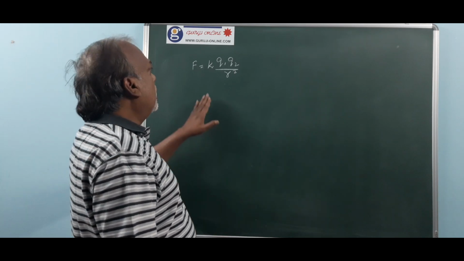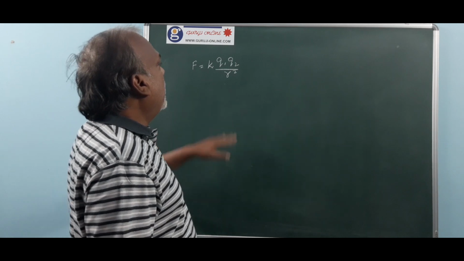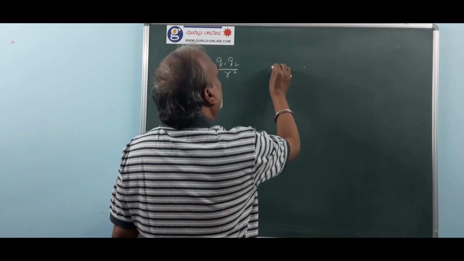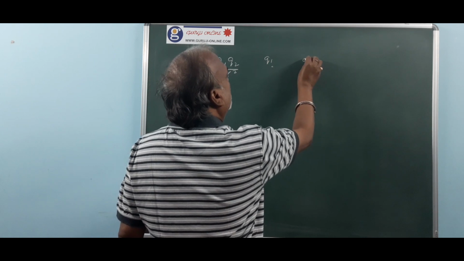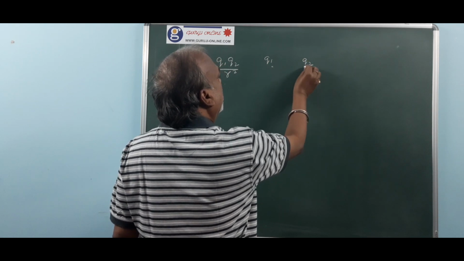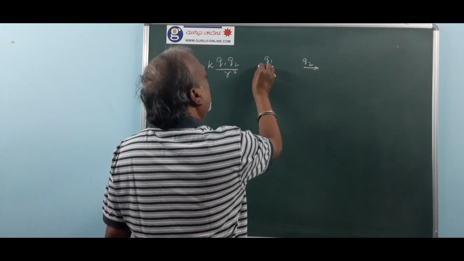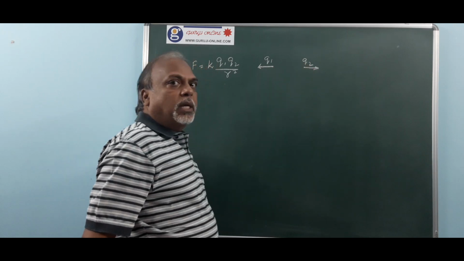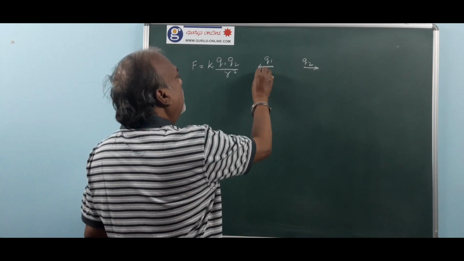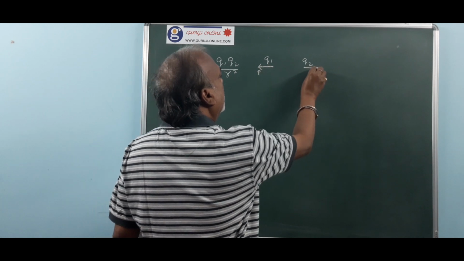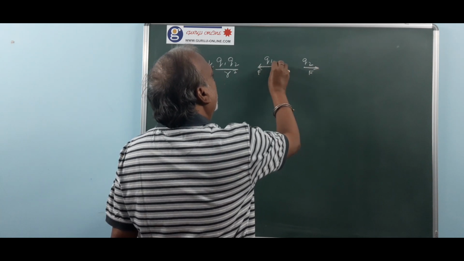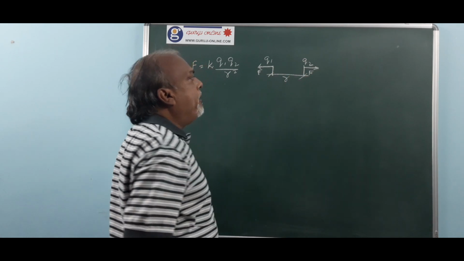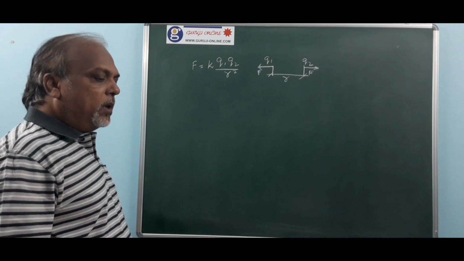So, this is Coulomb's formula to find out the force between two charges. If they are like, then naturally they will have repulsion, and we can determine the force like this. And what is r? r is the distance between these two charges.